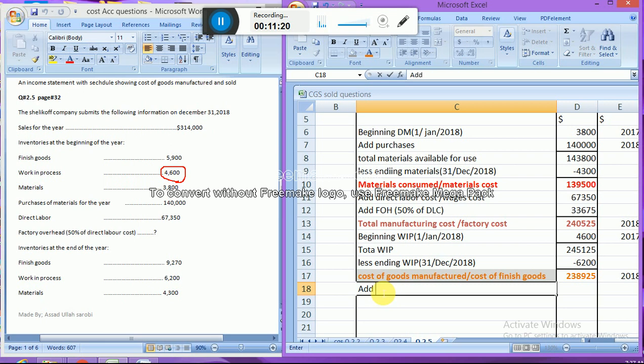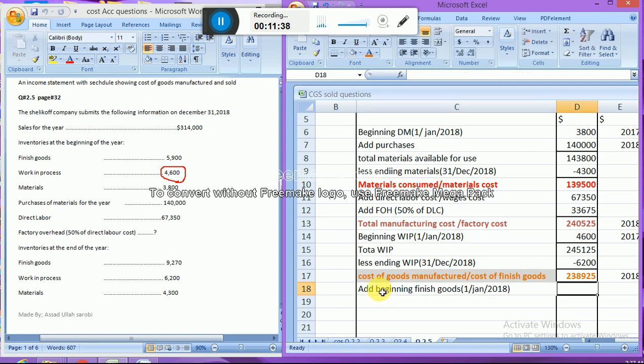So we will add those finished goods with these finished goods. So add beginning finished goods. It means that on 1st of January 2018 we transfer from December 31st 2017 5,900 finished goods.